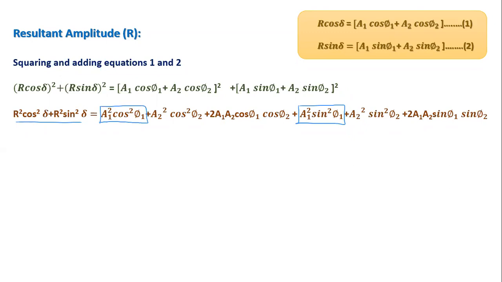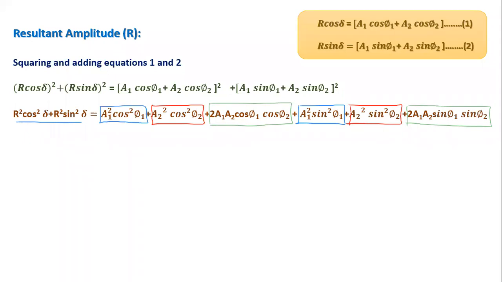After that, from the next term, from this term and this, we can take a2 square common, so in a bracket we get cos square phi 2 plus sin square phi 2. And the last one is this one and this one. We can take twice a1 a2 common. Then in a bracket we get cos phi 1 cos phi 2 plus sin phi 1 sin phi 2.